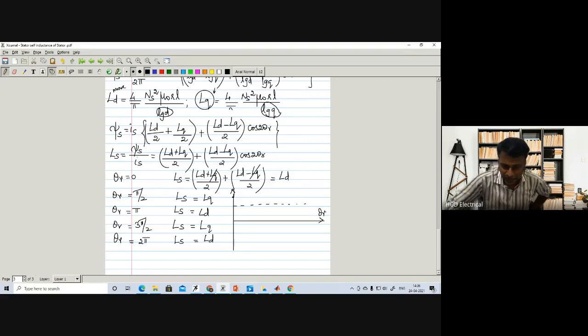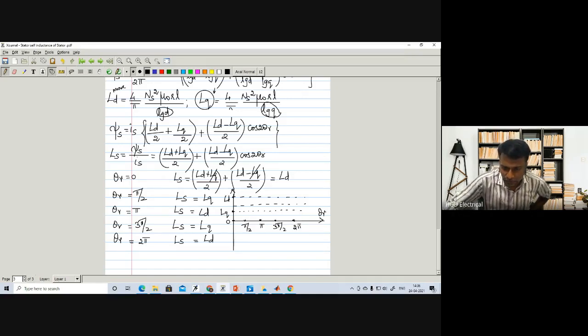Initially at 0 it is LD, then this value is LQ, and we take this waveform as 0, then here pi by 2, then here pi, then 3 pi by 2, then 2 pi.